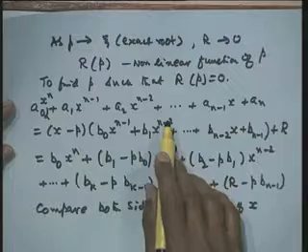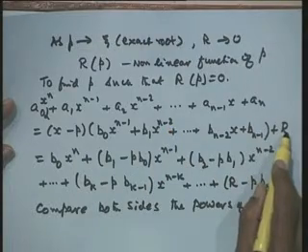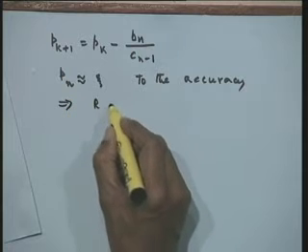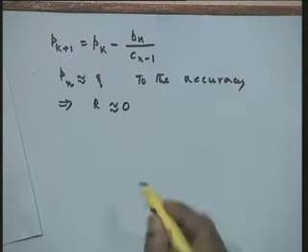Now, if you look at the first step of the procedure that we have written here, let me just go back and have a look at this one. If I have obtained the root to the required accuracy, then R is approximately 0.